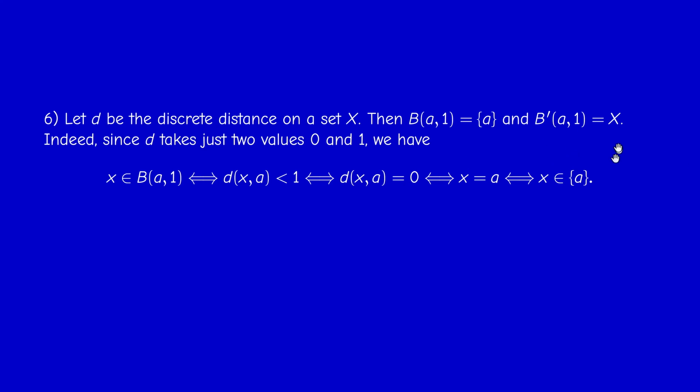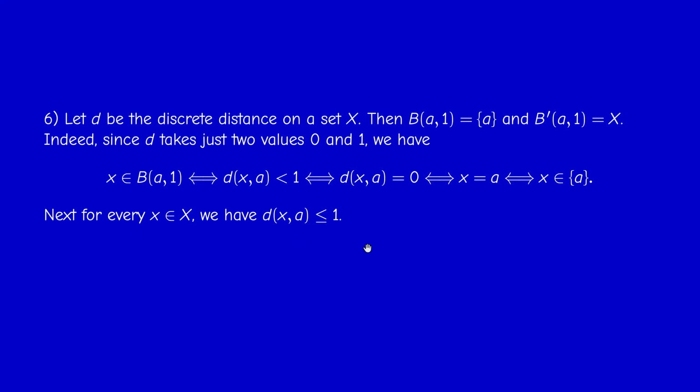And for the second one, why is the closed ball the other extreme? How do I prove that? Double inclusion. Of course, the closed ball B'(A,1) is by definition included in X, because X is the universe in which we live. So I have to prove that any element in X is here. But if x is an arbitrary element of the space X, then the distance, since it's either 0 or 1, is at most 1.